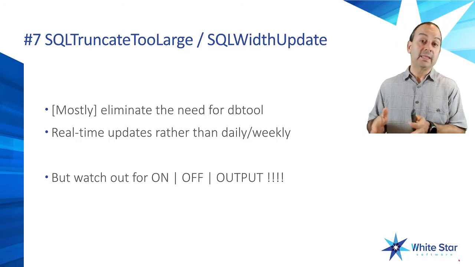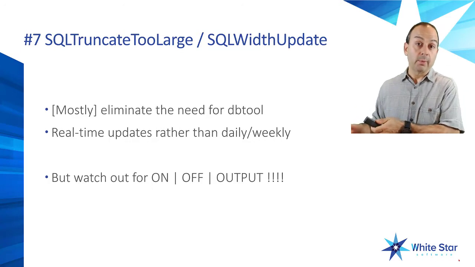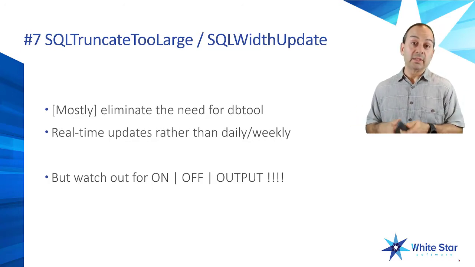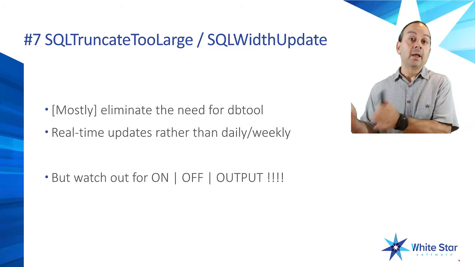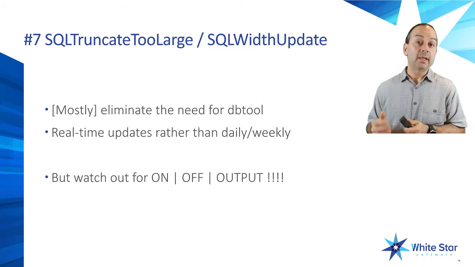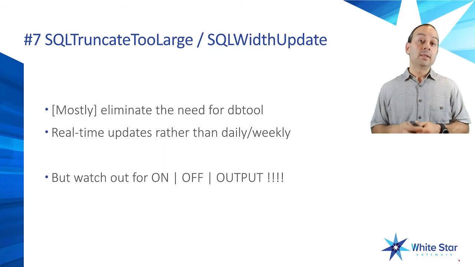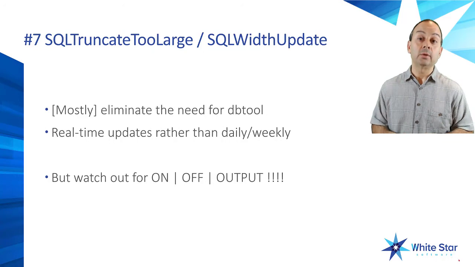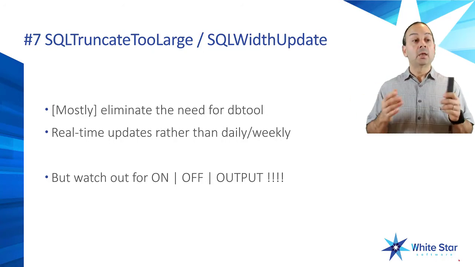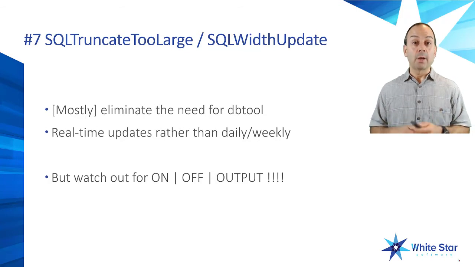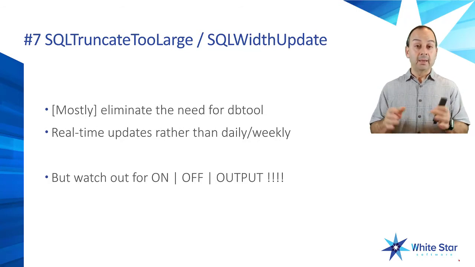So you want to use SQL width output probably most of the time. So the where clause uses the full field, but the output that's returned to the JDBC client, that uses the truncated field. And then go ahead and update the schema, update the SQL width for the larger value for the next usage. So SQLTruncateTooLarge, SQLWidthUpdate, number 7 on my list of top 10 DBA enhancements.